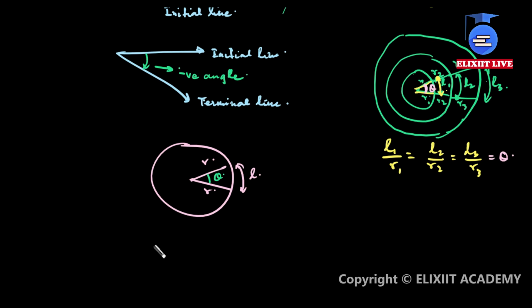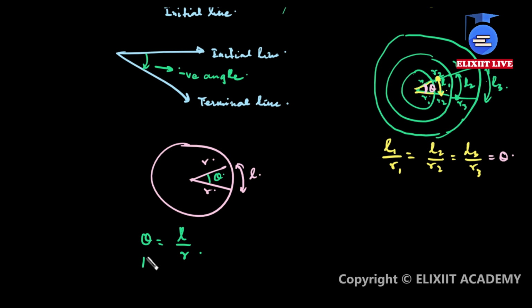What is theta? Theta is actually L by R, this arc length divided by this particular radius. Theta is actually L by R.